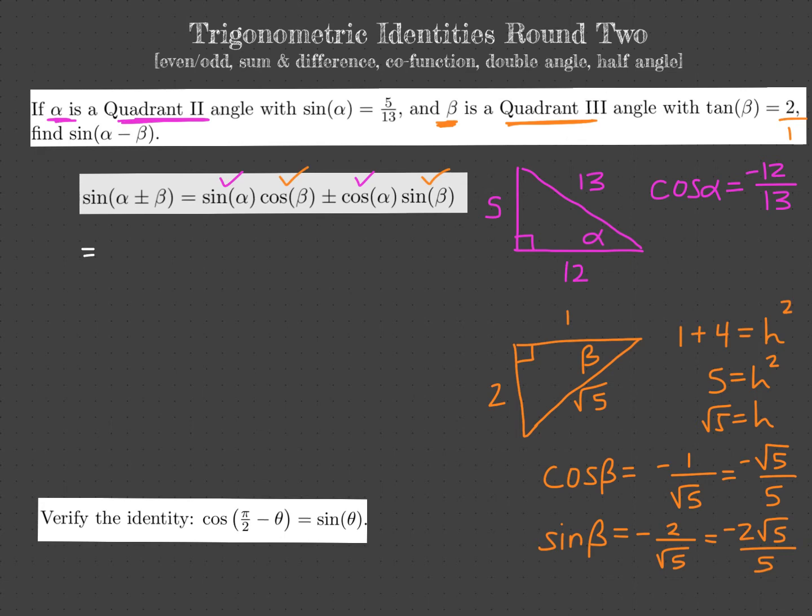So the sine of alpha we were given, and it's 5/13. The cosine of beta we found to be negative root 5 over 5. Then, since it's minus here, we're using the bottom, so it's minus the cosine of alpha, which we found to be negative 12 over 13, multiplied by the sine of beta, which we found is negative 2 root 5 over 5.